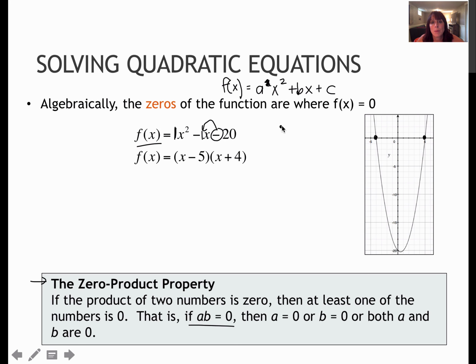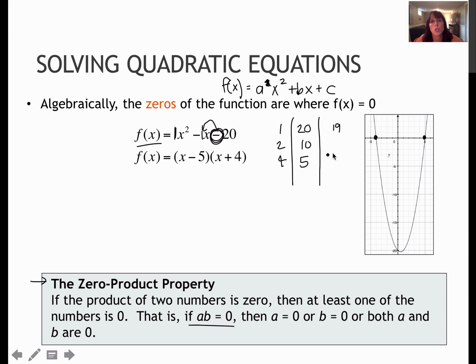So a lot of times people make a chart of the numbers that would then multiply to 20: 1 and 20, 2 and 10, 4 and 5. And I then would just find the difference between the two. Difference because this is a minus. If it were a plus, we would find the sum. The difference between 1 and 20 is 19.